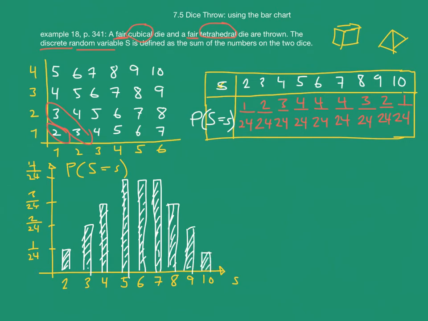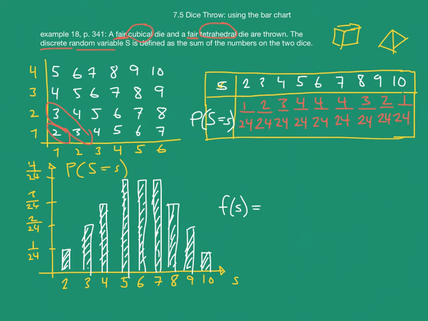So this is the probability distribution represented as a bar chart. And now we're going to represent this also as a function and an expression that we're used to seeing for functions.